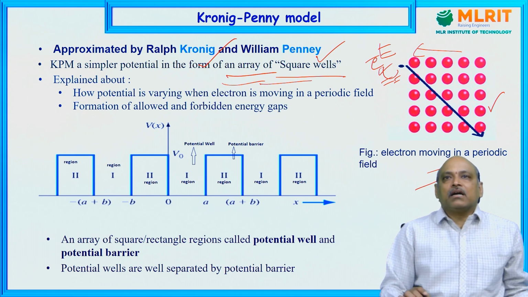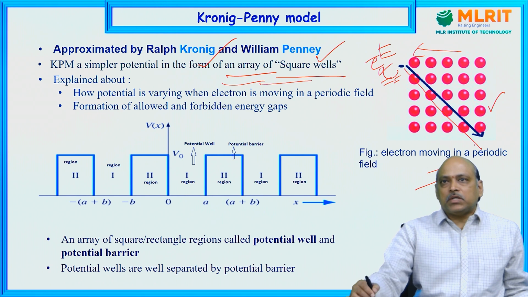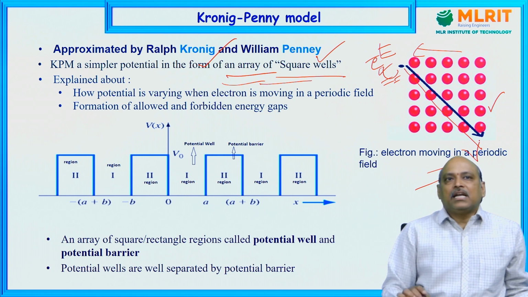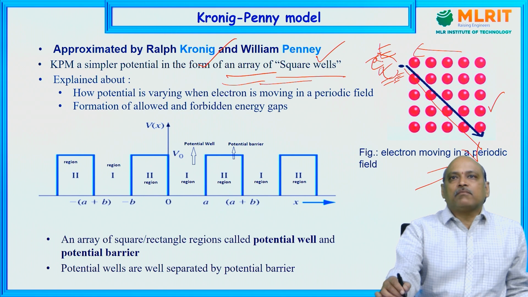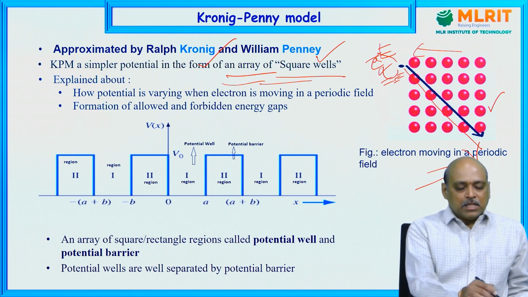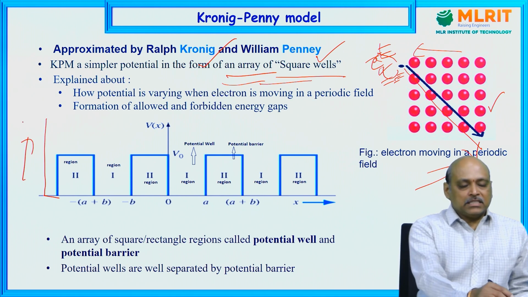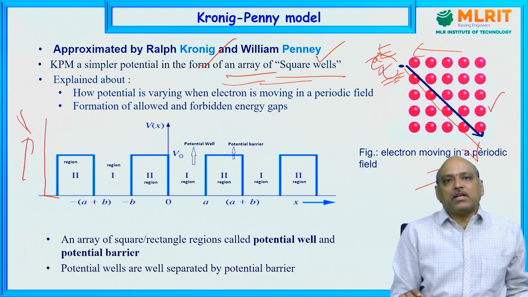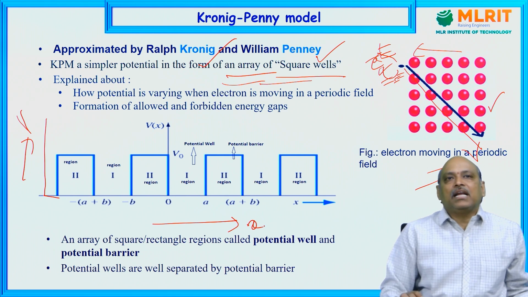Now, according to this model, when the electron is moving from one end to another like this, let us assume that initially it is far away from the positive ion site. Then obviously the potential energy can be expected to be maximum. On the y-axis I am taking the V value, and on the x-axis the position of that electron in a periodic field.